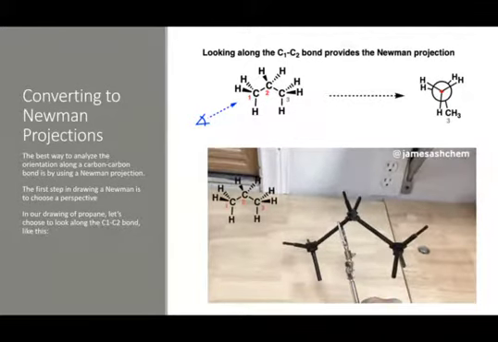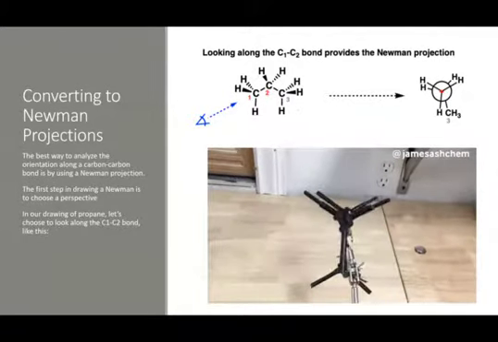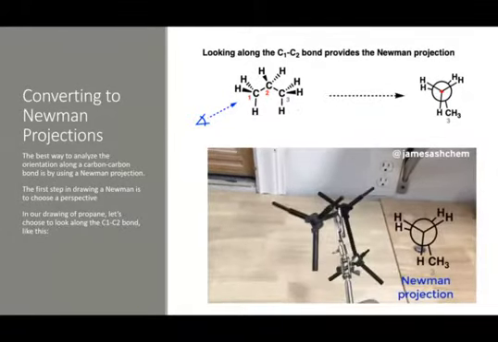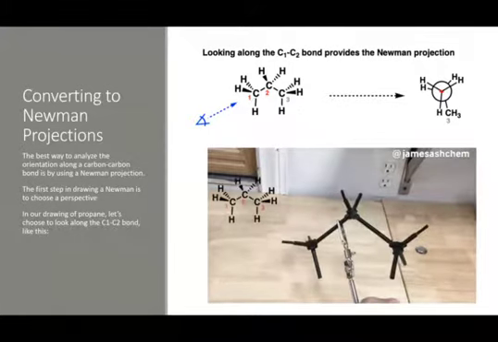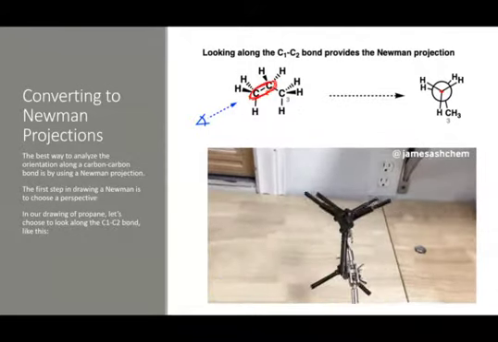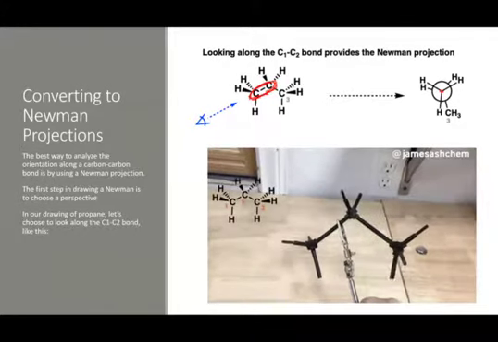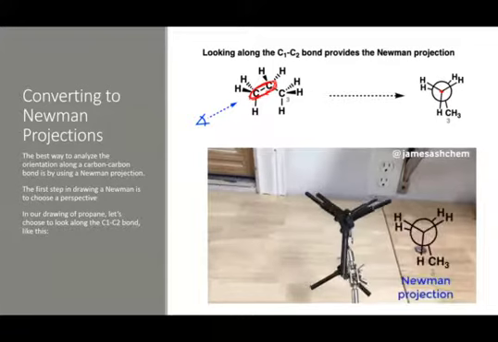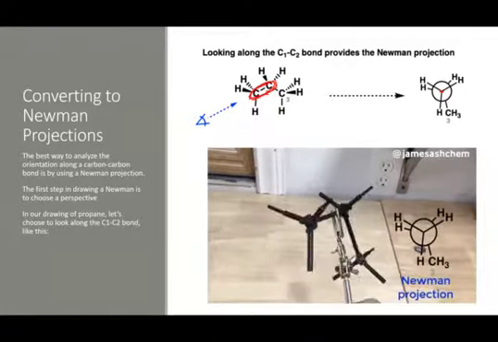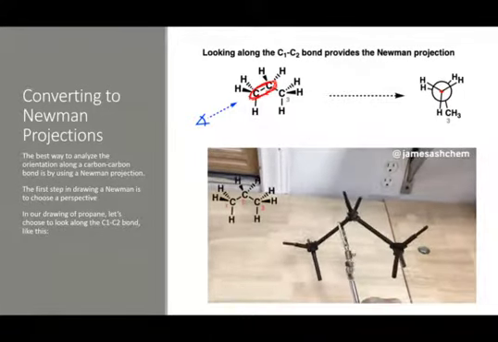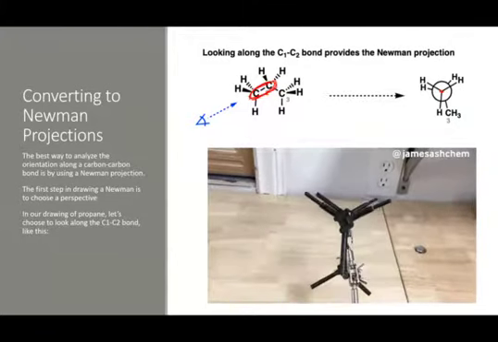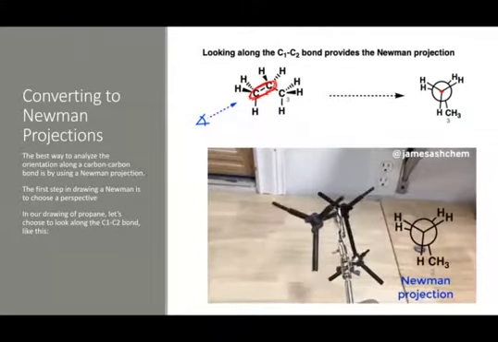Okay, so in our drawing of propane, we're going to choose to look down this C1-C2 bond. So we're going to use this bond as the overlap bond in the Newman projection. Everything else is going to be thought of as a substituent off of those bonds. And you can see that in the GIF here. Here's us showing the rotation from the side view.